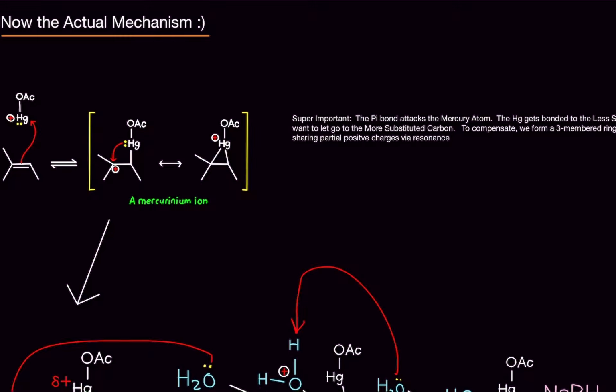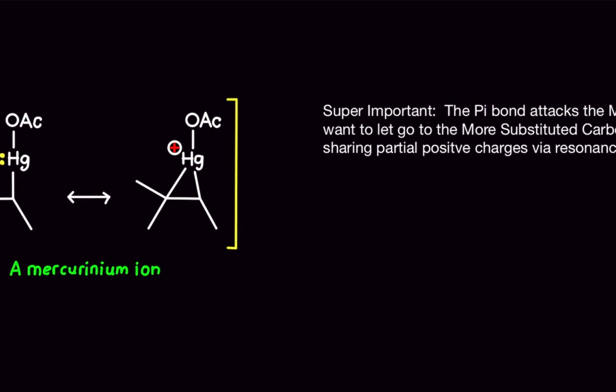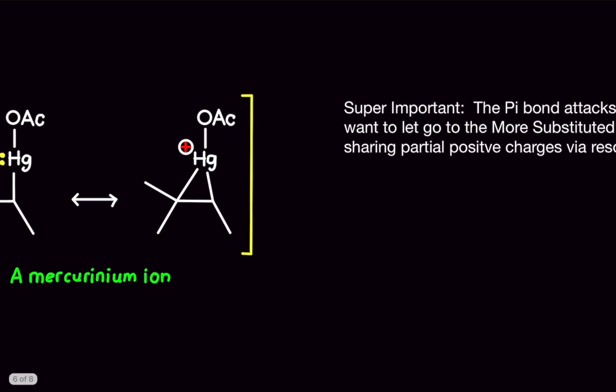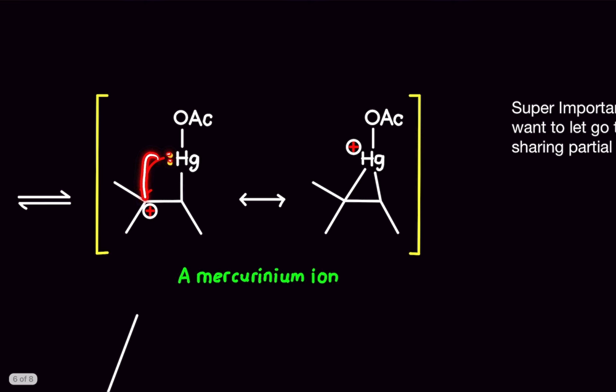So, in other words, what's really actually happening is when this pi bond attacks to mercury, mercury wants to hold on to both carbons at the same time. That's what's really happening. And how it actually holds on to both carbons is because the electrons attack here. That's how it's holding on, and that's how it's creating this ring-like structure.